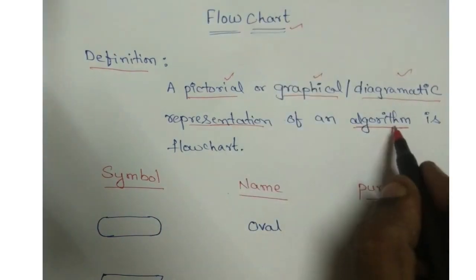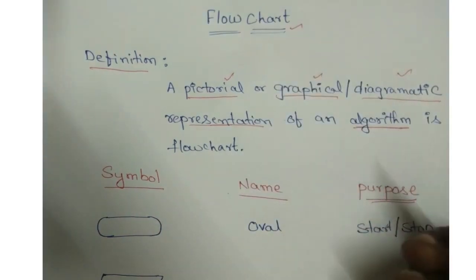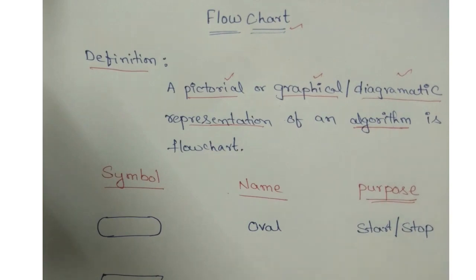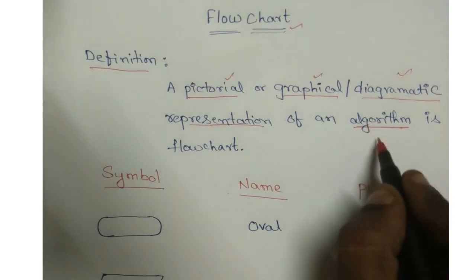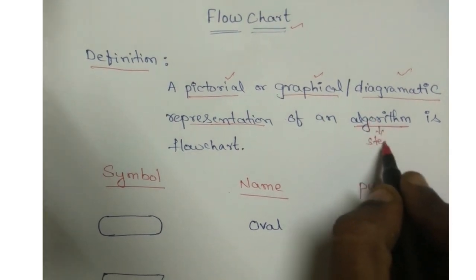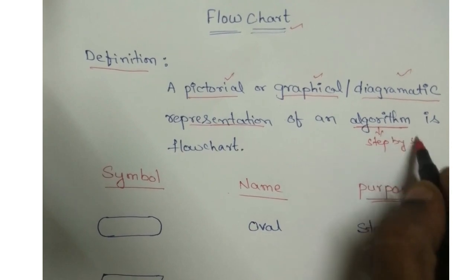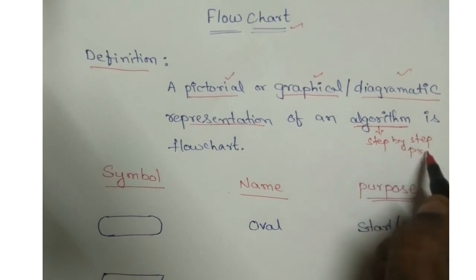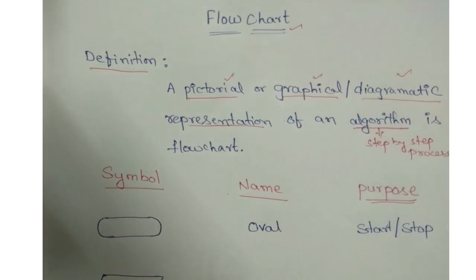What is meant by algorithm? The algorithm is nothing but a step-by-step process to solve the given problem. The problem you have to solve, a step-by-step process, is called an algorithm.